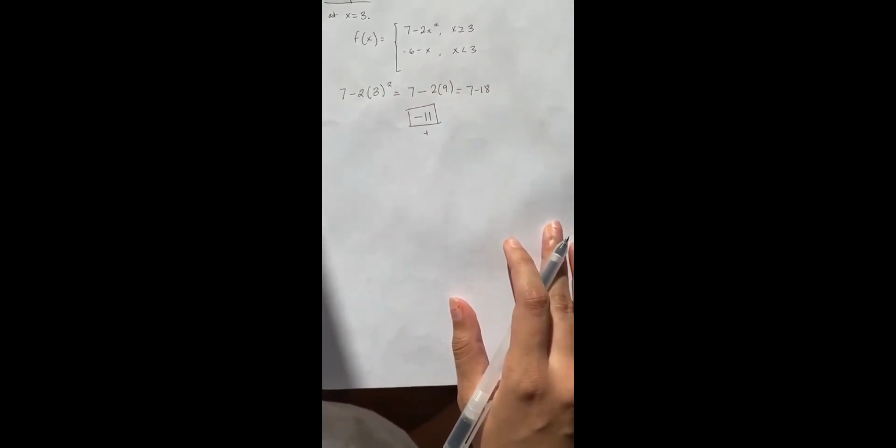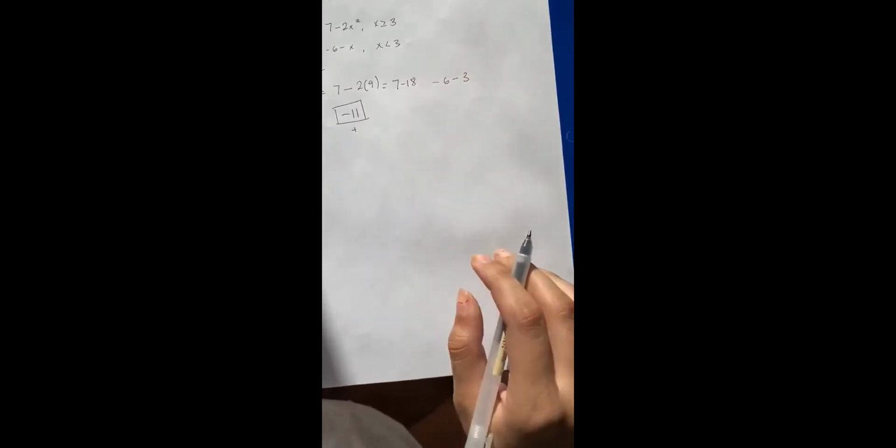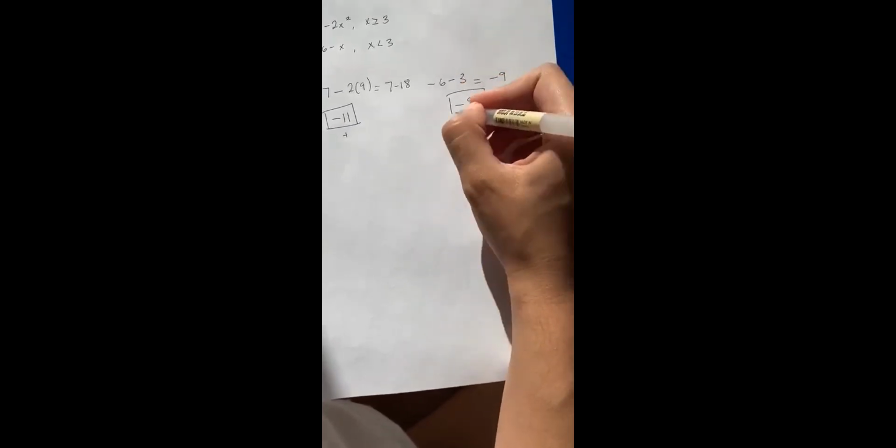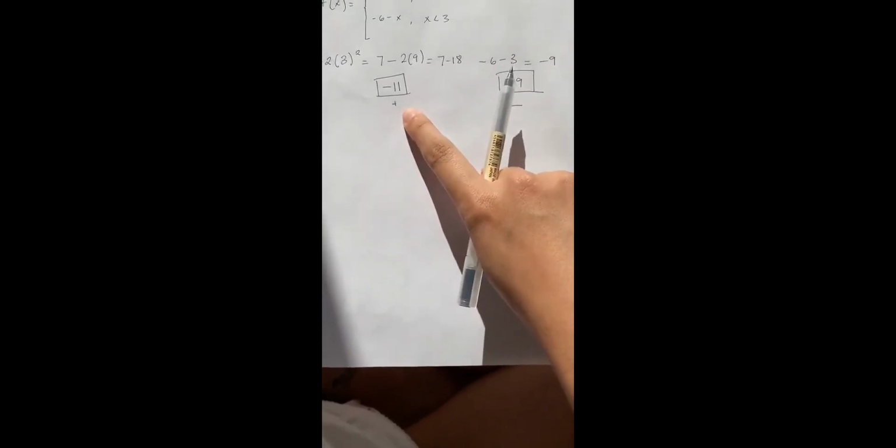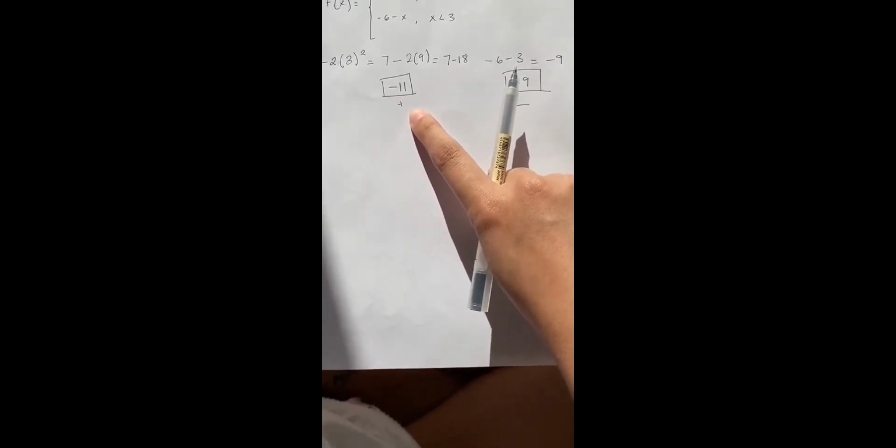Now let's see what happens on the left-hand side. So we have negative 6 minus x, so I'm going to plug in 3 into the x value. So negative 6 minus 3 is negative 9. So you see that from the left-hand side, it's approaching negative 9, but on the right-hand side, it's approaching negative 11, right?